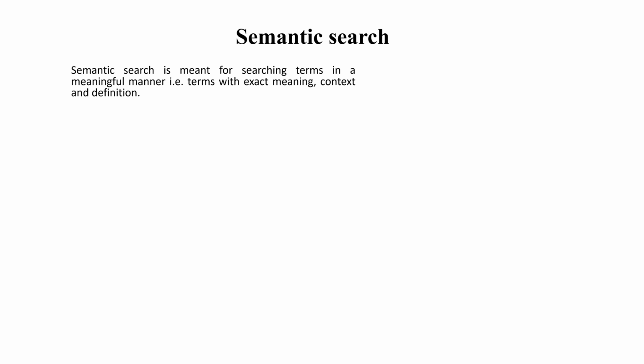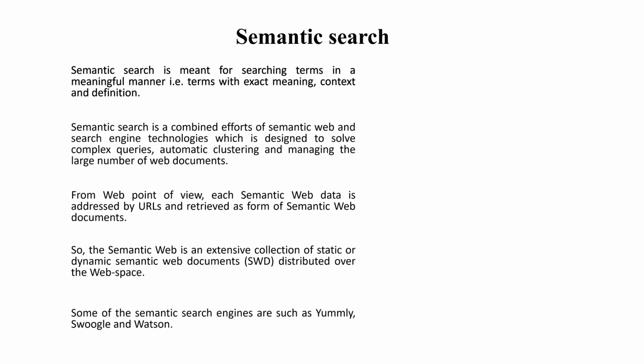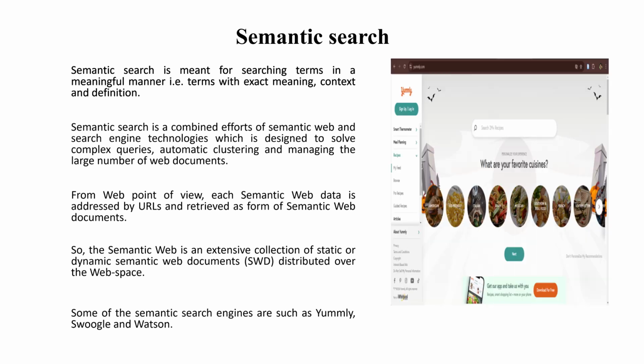The semantic web is an extensive collection of static or dynamic semantic web documents distributed over the web, and semantic search is enabled with these semantic web technologies. One very popular semantic search is shown on the right side, and that is called Yummy.